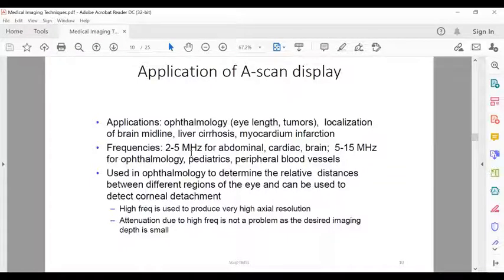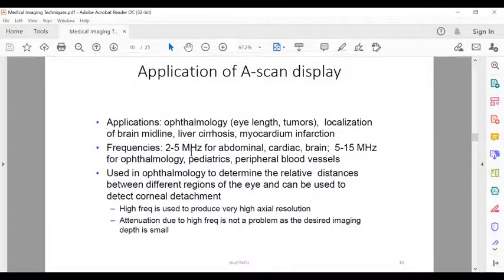Applications of this type of A scan display: in ophthalmology, eye length or any tumor can be detected; also localization of the brain midline, liver cirrhosis, or myocardial infarction.